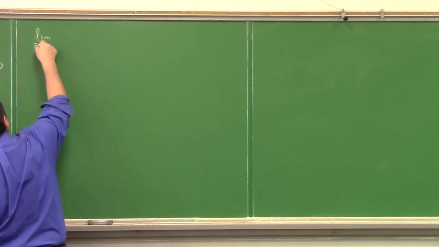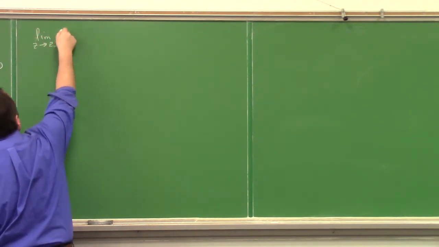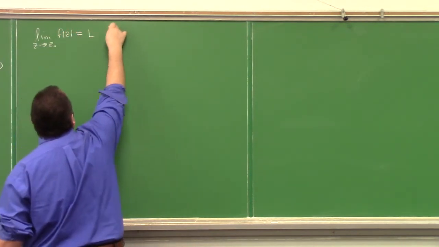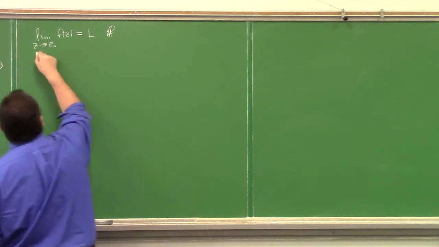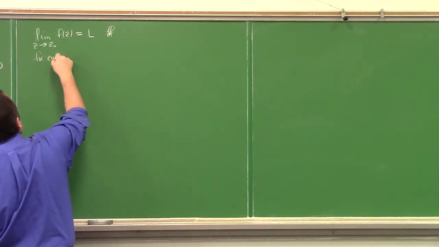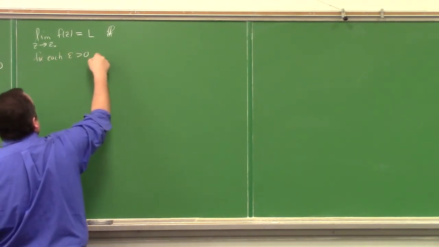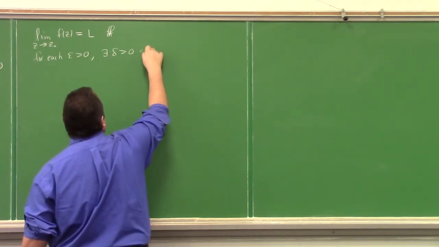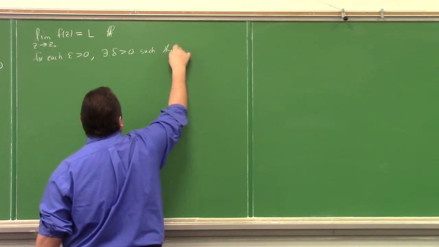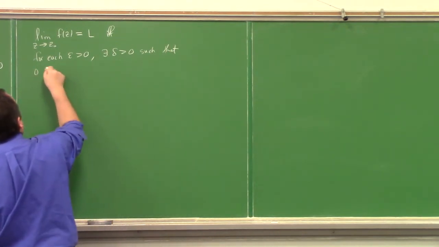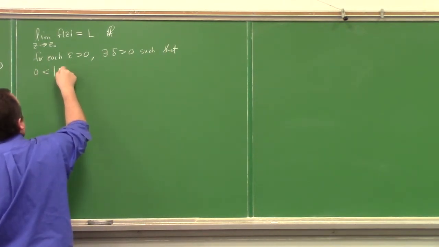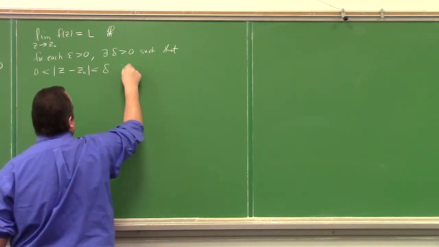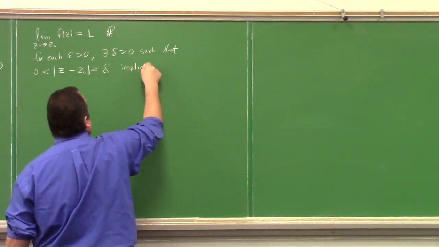The limit as z goes to z naught, f of z is equal to L, if and only if, for each epsilon greater than 0, there exists a delta greater than 0, such that 0 less than modulus of z minus z naught less than delta implies what?